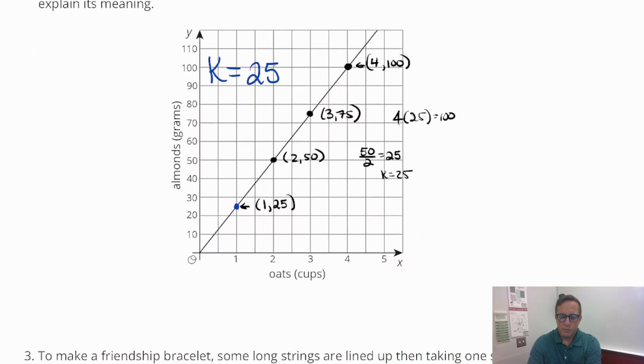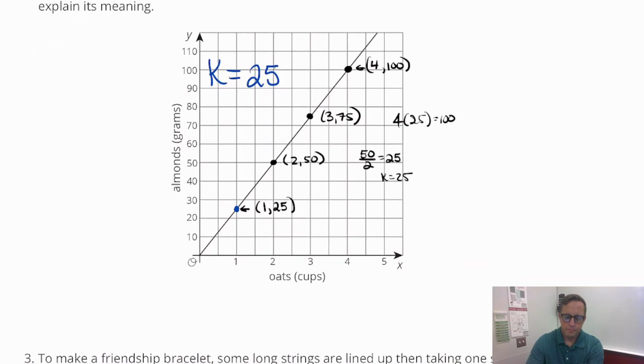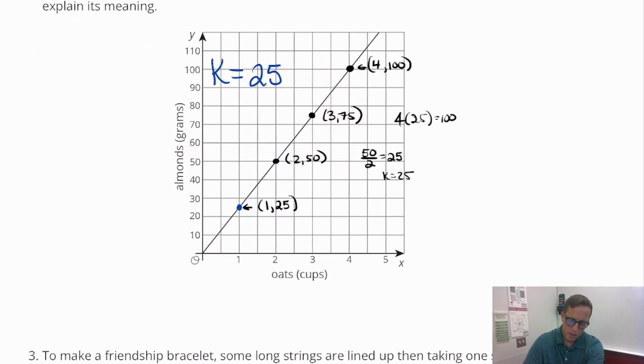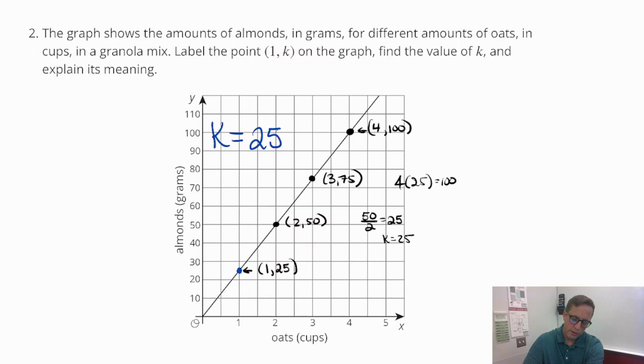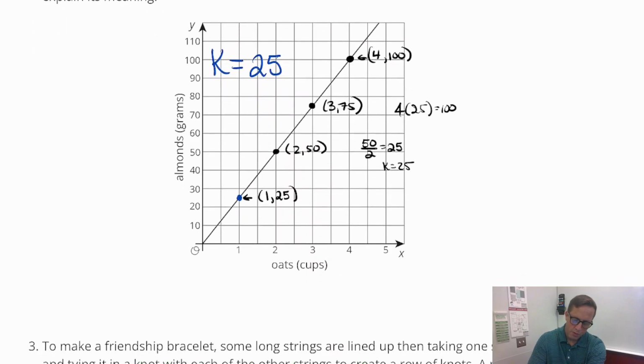And explain its meaning. This is going to be C, and this is going to be A for almonds.